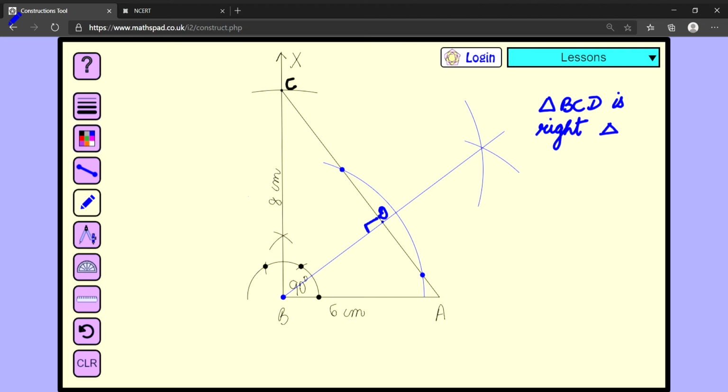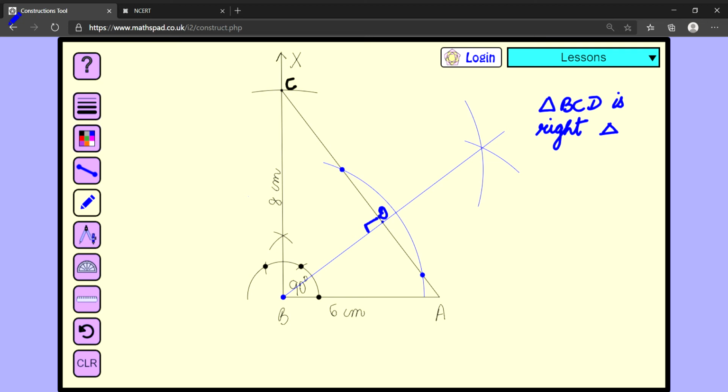If I want to draw a circle which passes through the vertices of this right triangle, I would like to draw a circle with the hypotenuse as diameter.